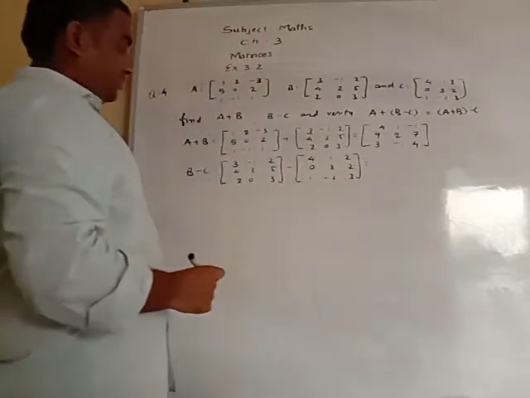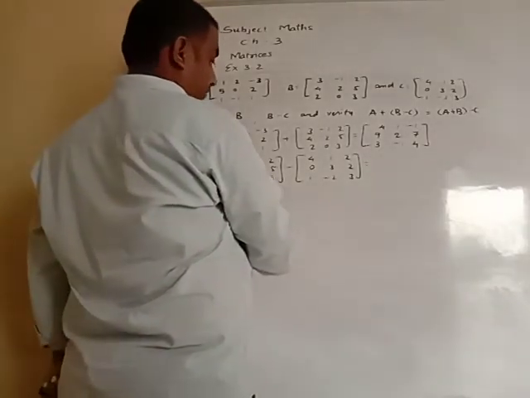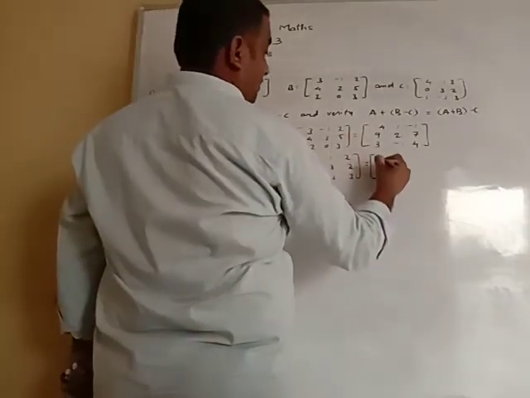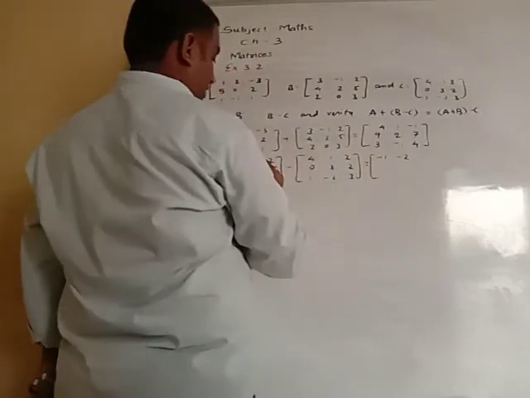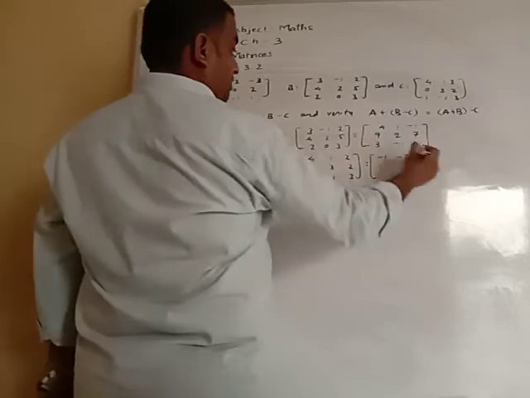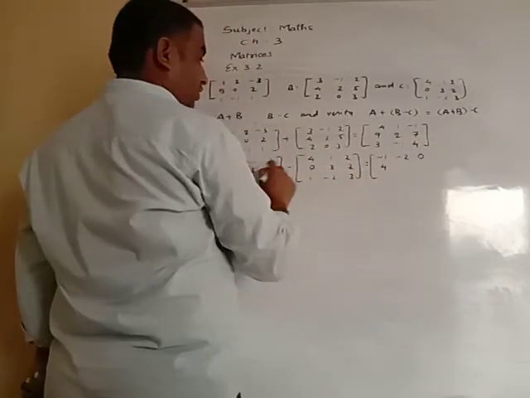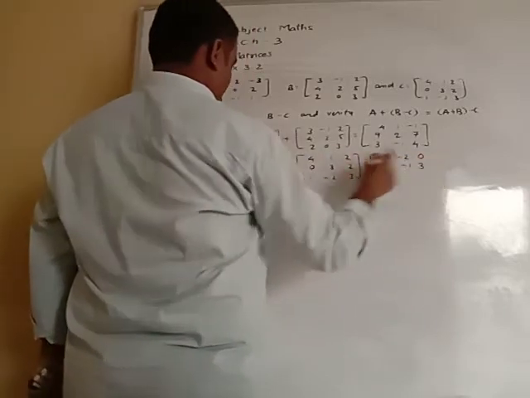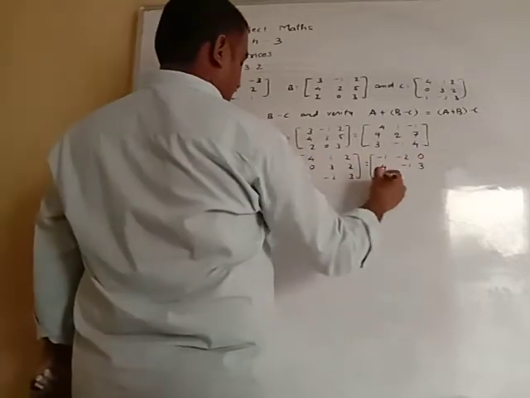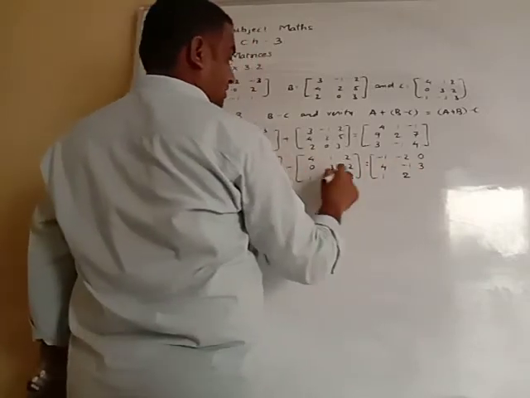So 3 minus 4 is minus 1, minus 1 minus 1 is minus 2, 2 minus 2 is 0, 4 minus 0 is 4, 2 minus 3 is minus 1, 5 minus 2 is 3, 2 minus 1 is 1, 0 minus minus 2 is 2, 3 minus 3 is 0.